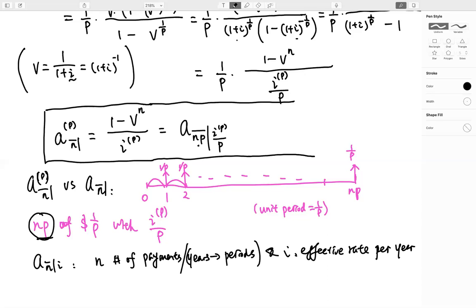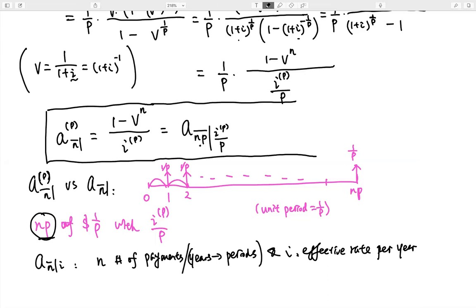In that case, year is the unit period, okay? So that's why now everything makes sense in this new notation. I have np number of payments. And for each period, the effective interest rate is i upper p divided by p. So that's why I have this new notation.